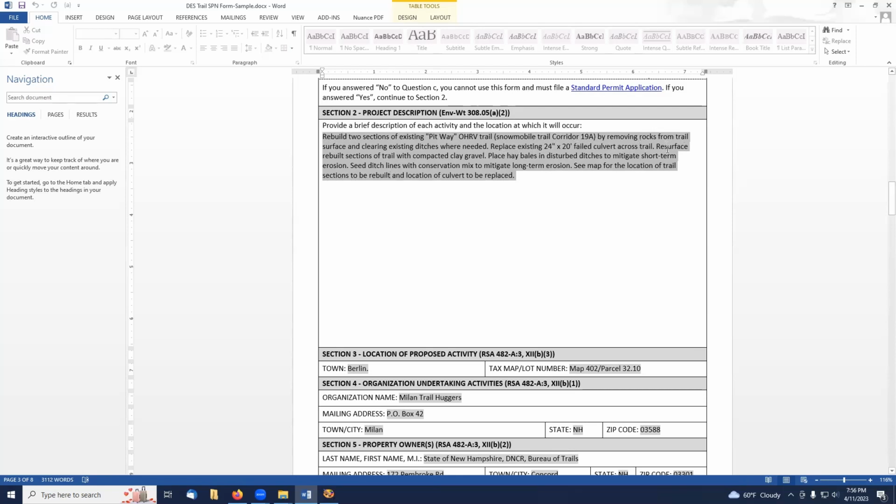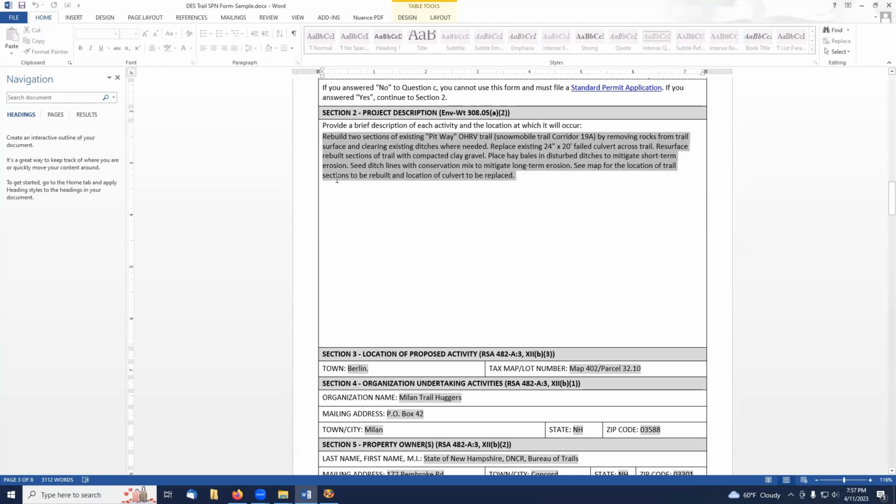Replace existing 24-inch by 20-foot failed culvert across trail. Resurface rebuild sections of trail with compacted clay gravel. Place hay bales in disturbed ditches to mitigate short-term erosion. Seed ditch lines with conservation mix to mitigate long-term erosion.